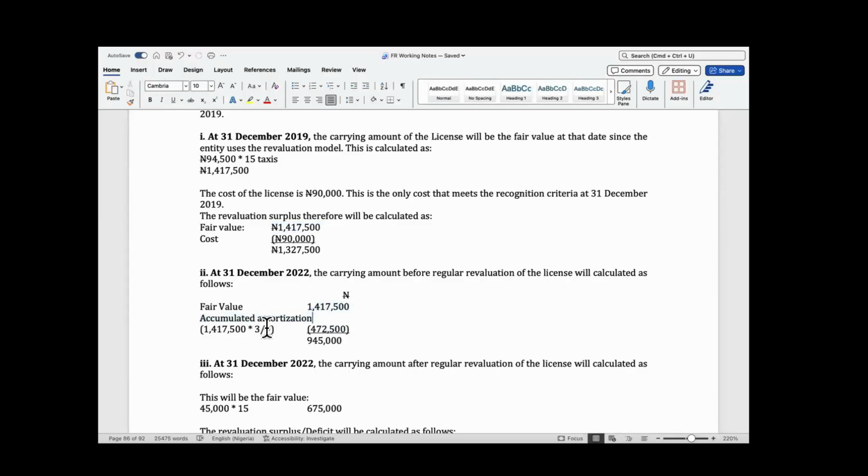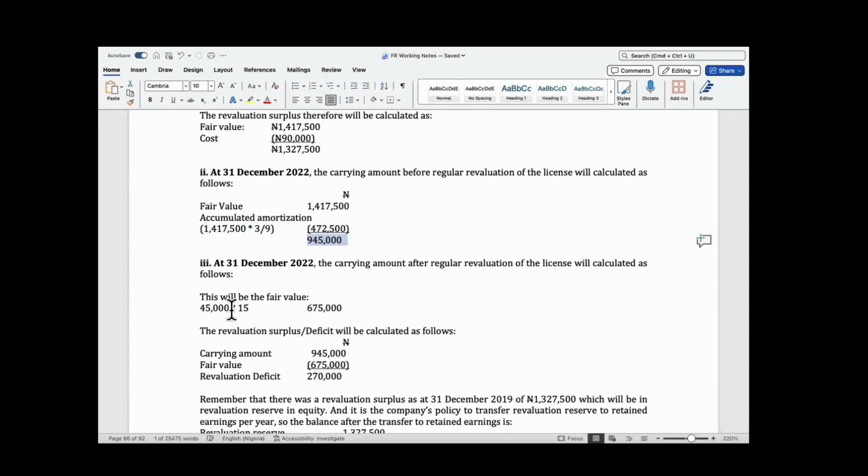Since it has 9 years and it will have used 3 years as at 2022, because it came up in December 2019, so 2020, 21, 22, I can use this to determine the accumulated amortization. This gives me the value as at 2022 before revaluation. Now, after revaluation, it's just for me to get the new fair value times 15.